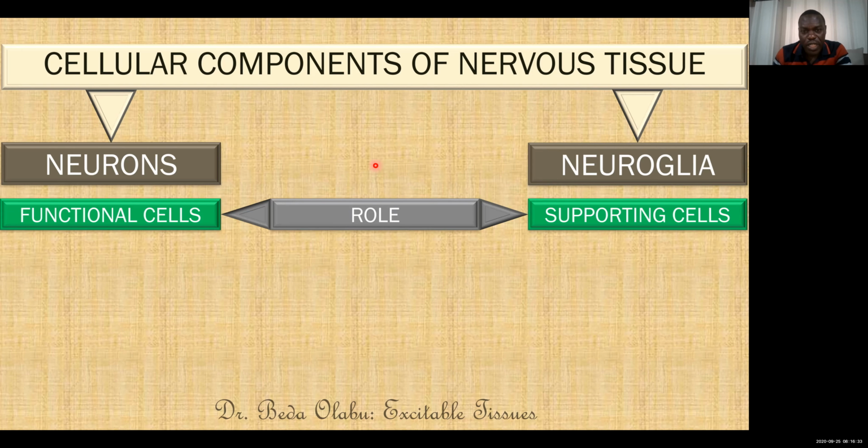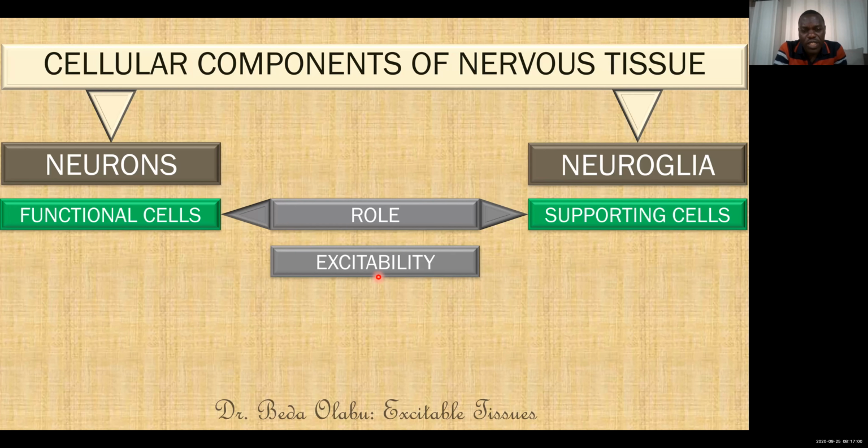Apart from their role, if you want to distinguish these two cell types, the other thing you can distinguish is their excitability. Now, we defined excitability as the ability of a cell to respond by generating an action potential.